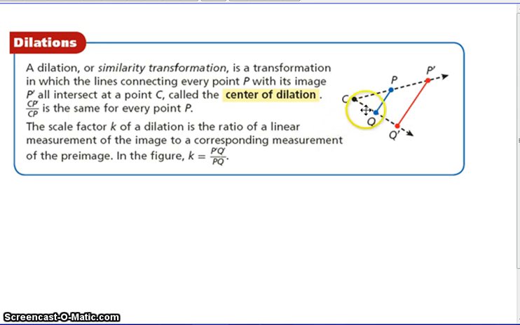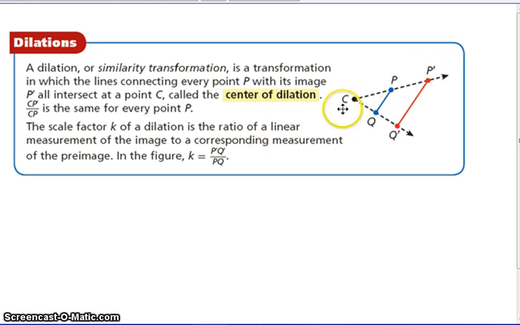So our rules for dilations: a dilation or similarity transformation is a transformation in which the lines connecting every point P with its image all intersect at C. That would be the center of dilation. So CP' over CP is the same for every point. That ratio of C to the image over C to the pre-image is going to be the same ratio for every point.